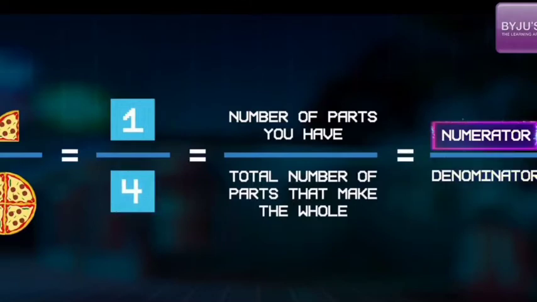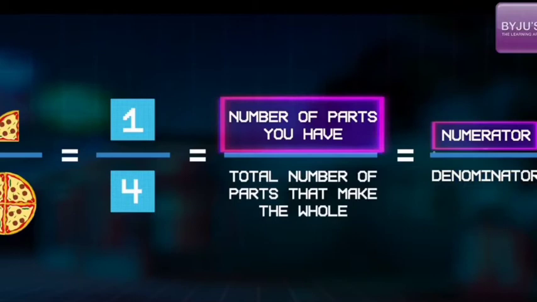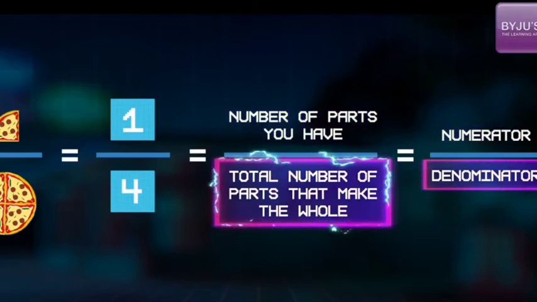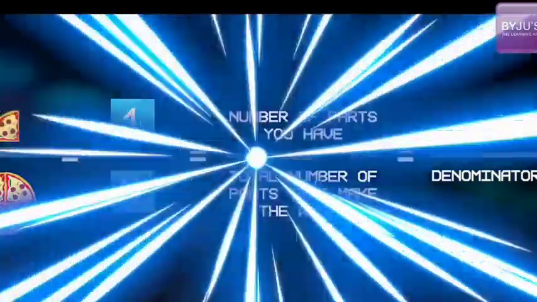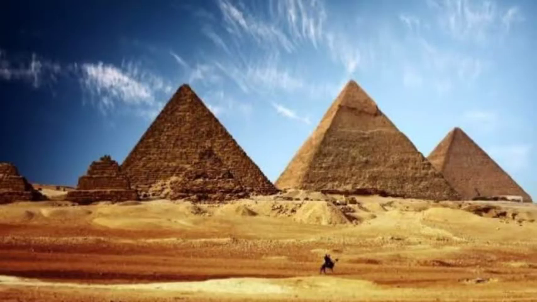The numerator tells you how many parts you have, and the denominator tells you how many parts you initially divided your whole into. The ancient Egyptians who lived thousands of years ago were the first people to use fractions.